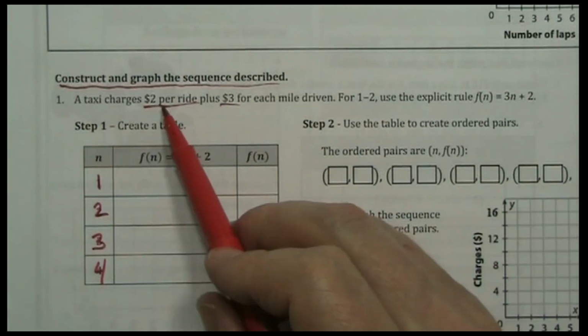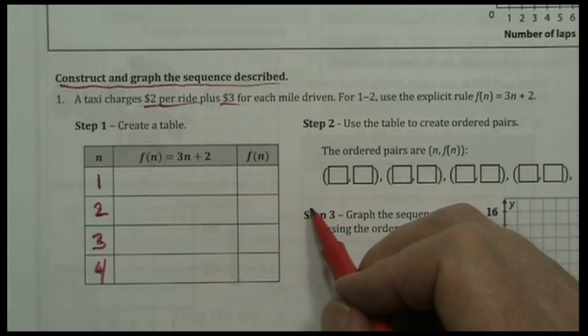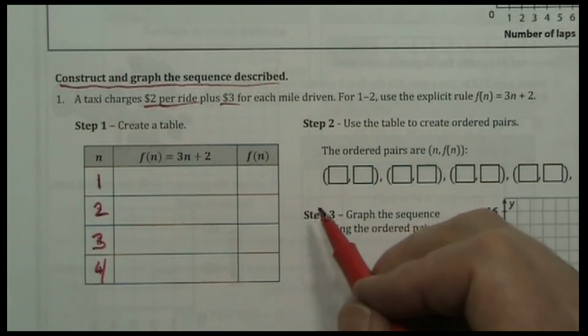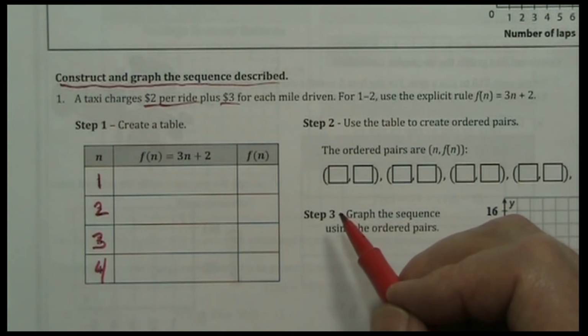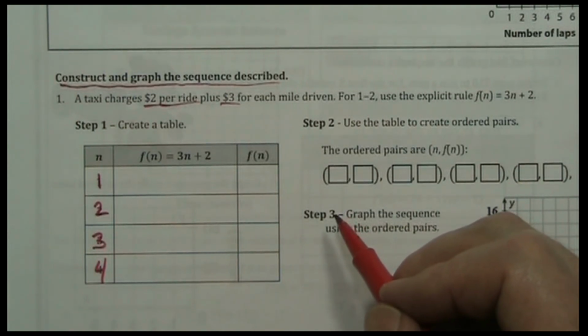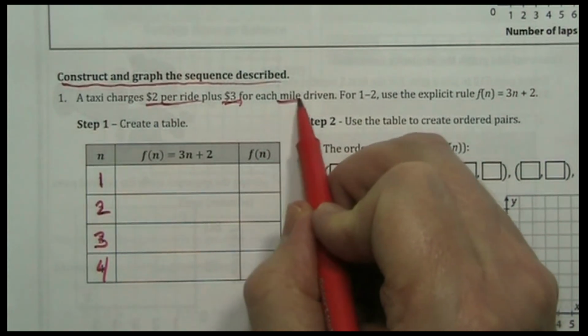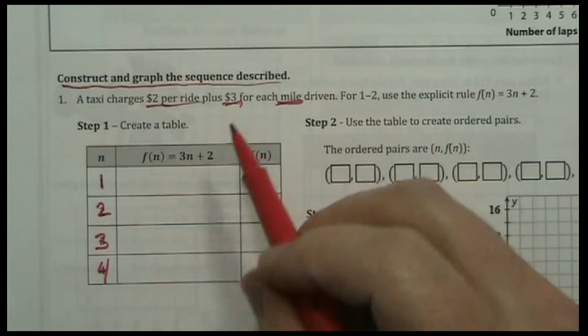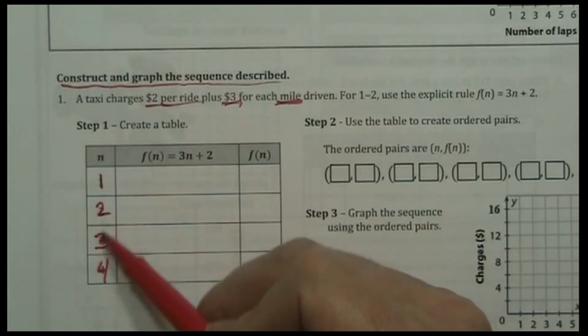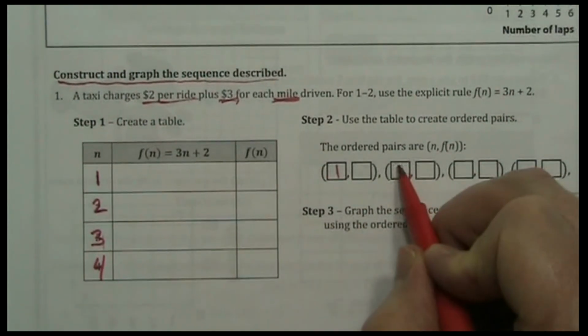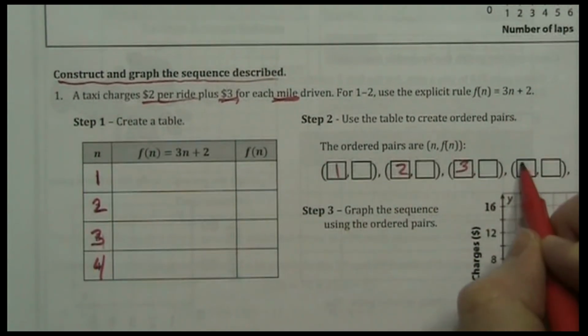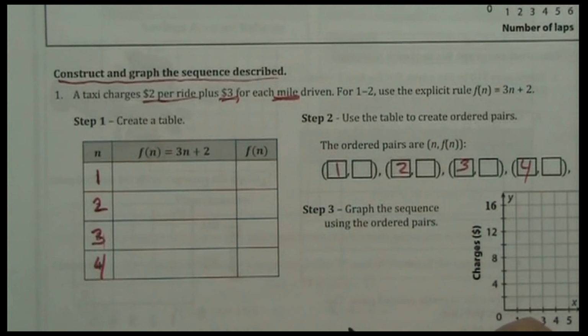What happens if the person rides for 1 hour? I'm sorry, it's $3 for each mile. So for each mile, all right, so for each mile. So what happens is it for 1, 2, 3, and 4 miles?